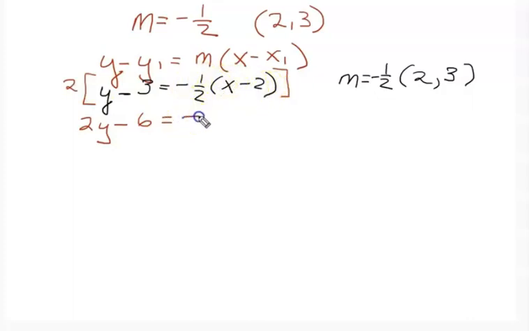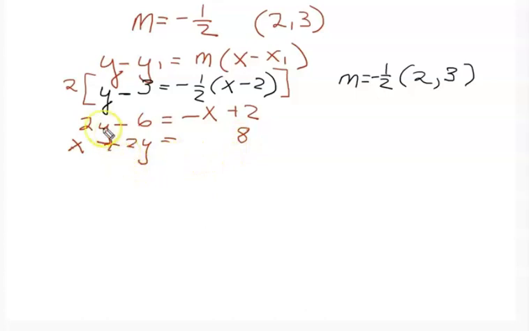So that'll change the sign of what's in the parenthesis to a negative x, and this to a positive 2. Now we want to bring our negative 6 over to this side, and that becomes a positive 6 plus 2 is 8. We want to bring our negative x over to this side as a positive x plus 2y. And there's our standard form.